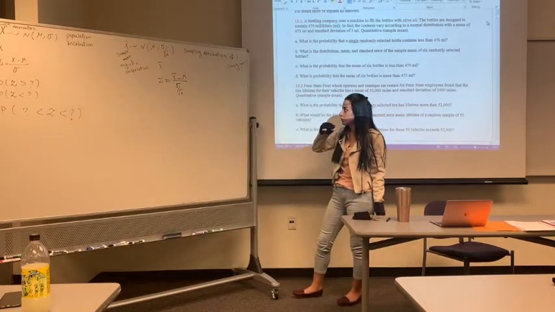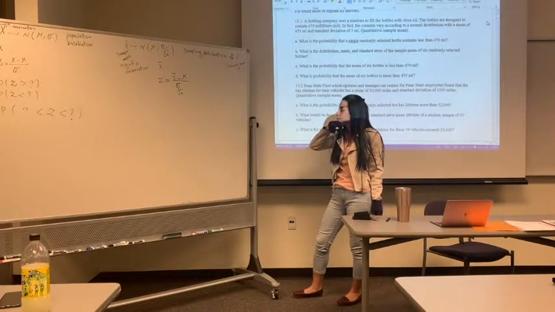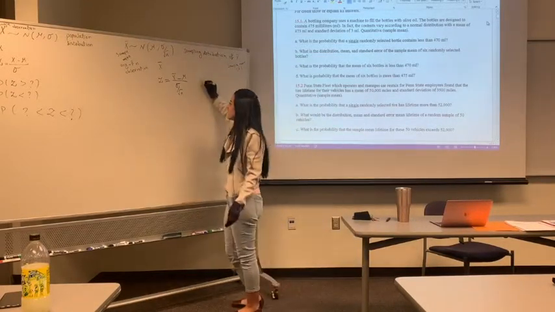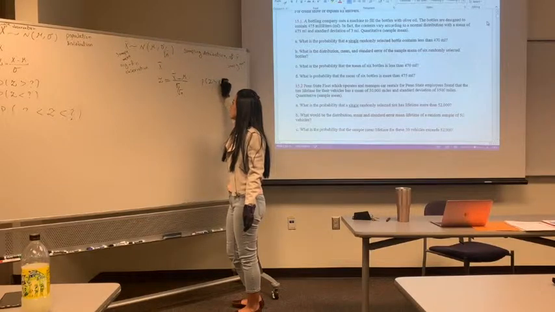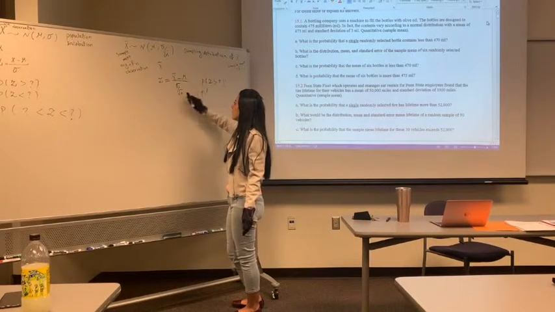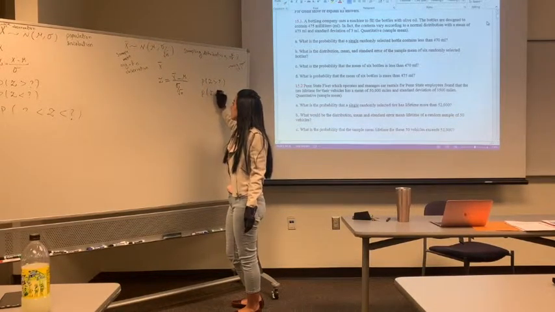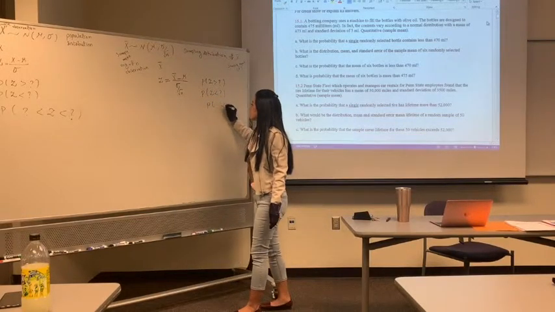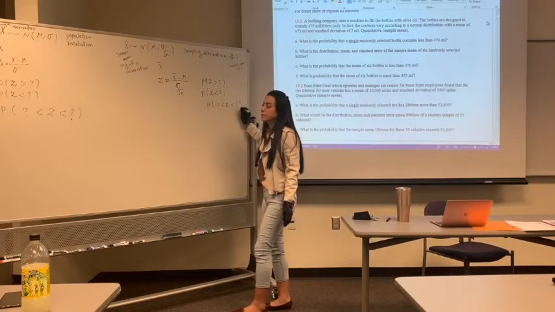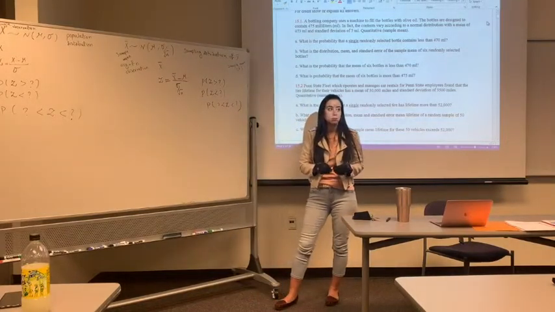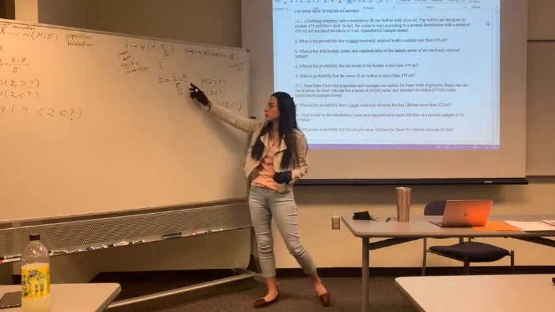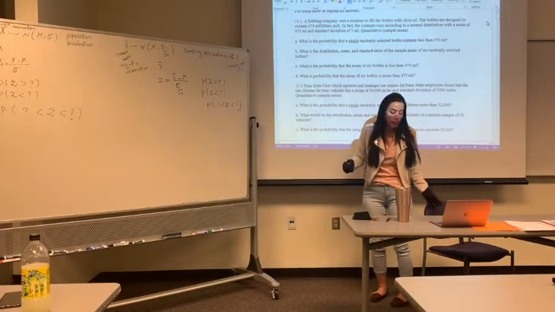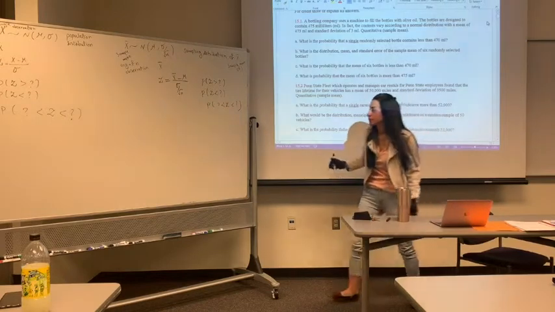So we have all these formulas, and the rest, finding the probability of z, is exactly the same as before. After we find a z, we can find the probability of z less than something, greater than something, or between something. Everything else is the same. The only step that is changing is z.